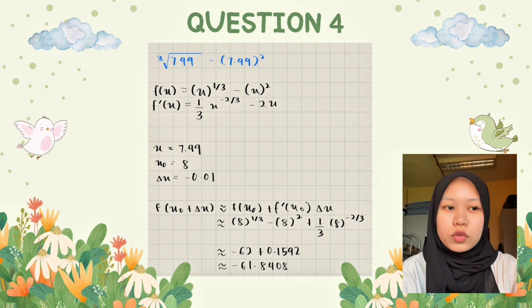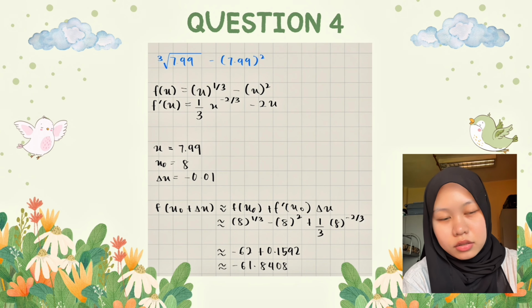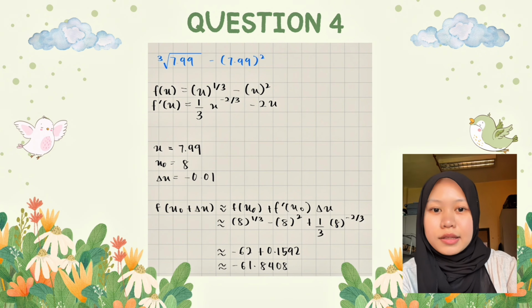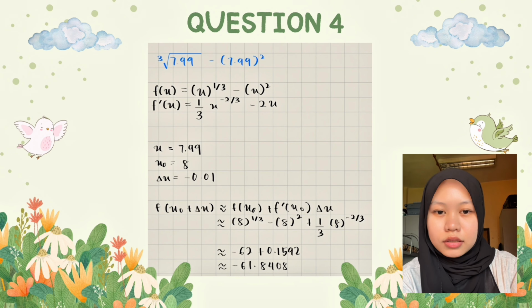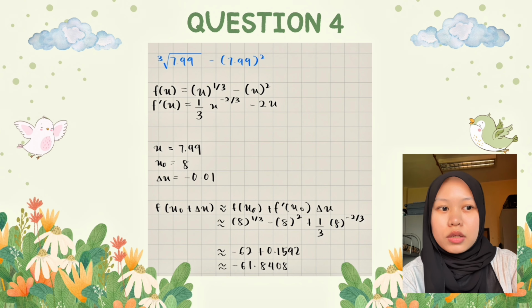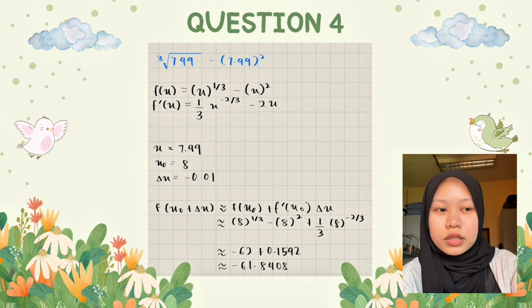And x equals 7.99 while x0 is 8. When you calculate the difference in x, you will get negative 0.01.